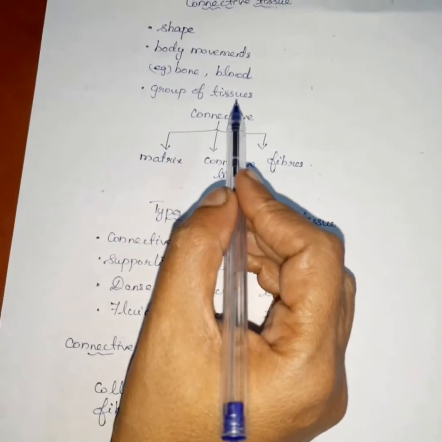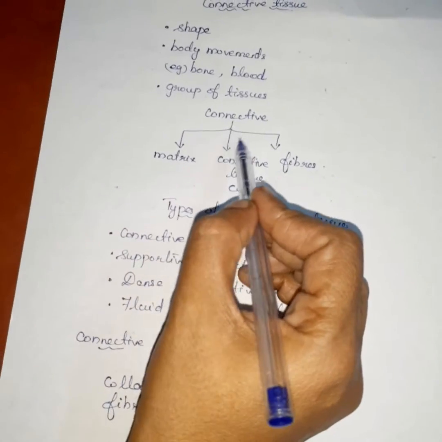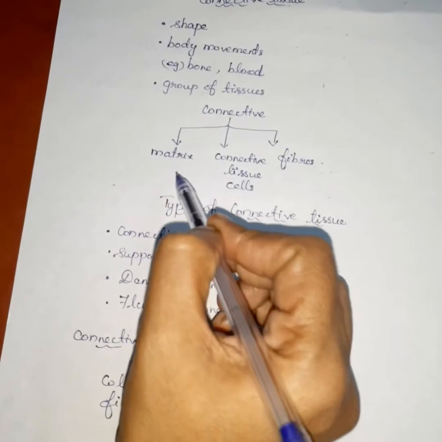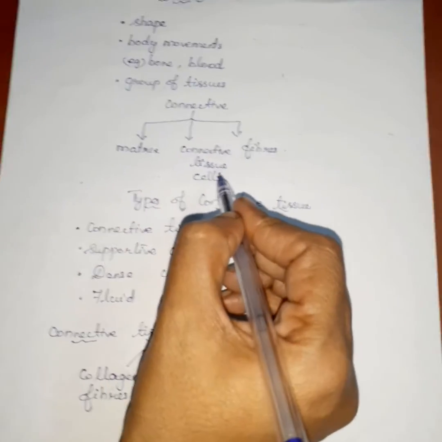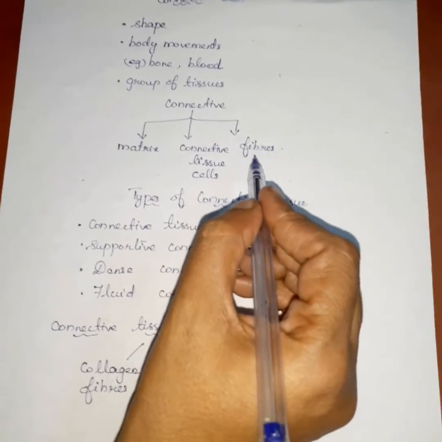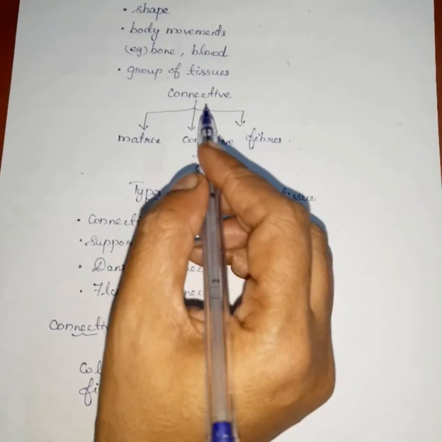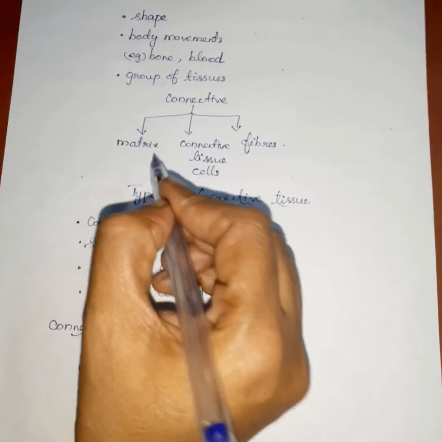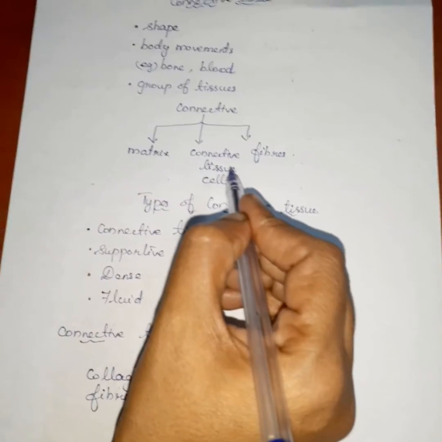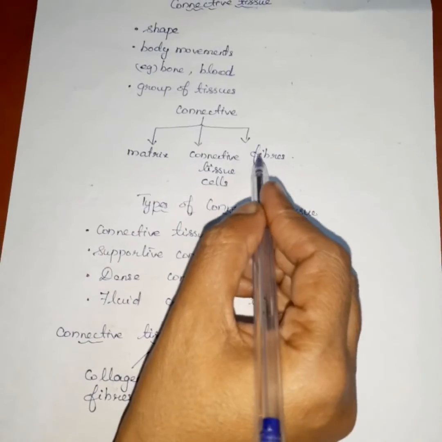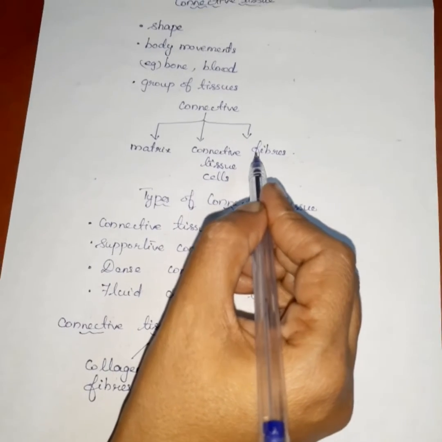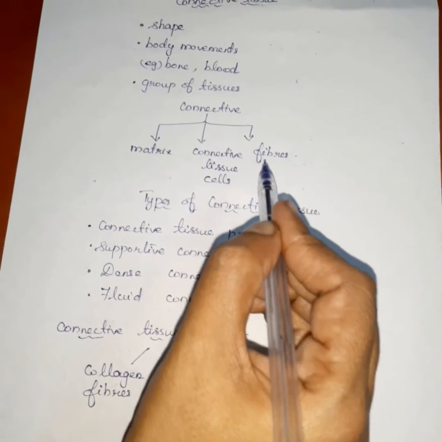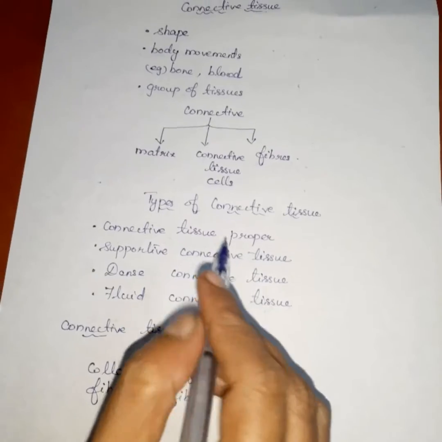Here the connective tissue has three components. First one is the matrix, second one is the connective tissue cells, and third one is the fibers. Now we are going to learn about 4 types of connective tissue.